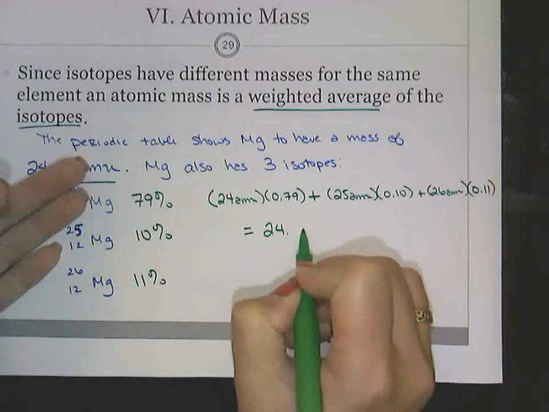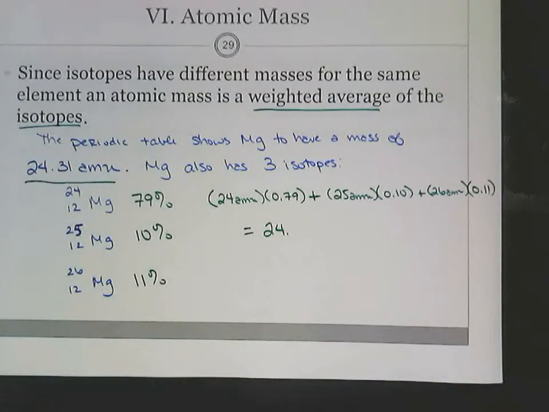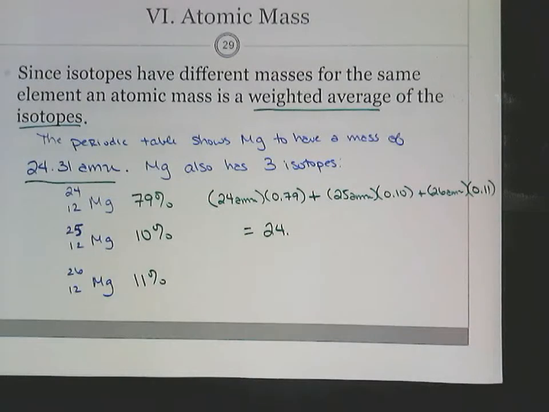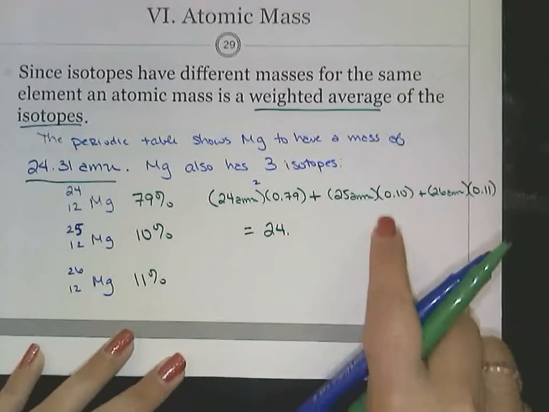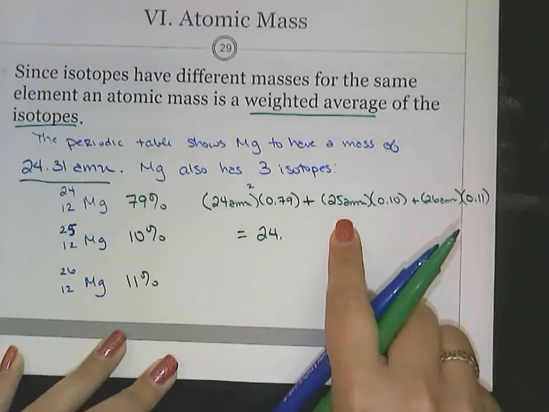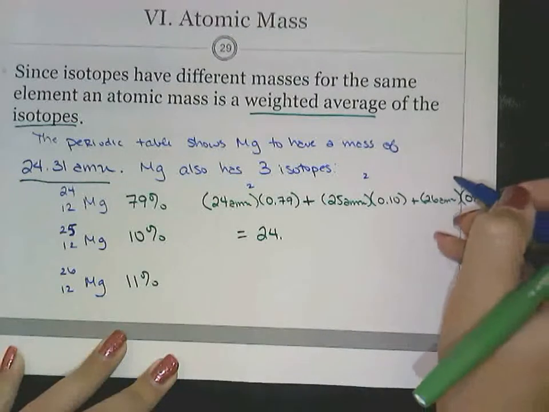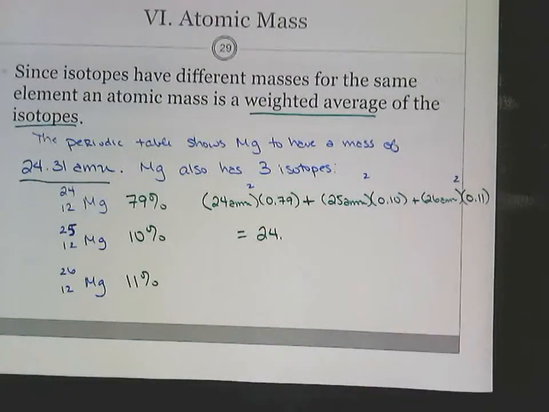How many significant figures do I get in this? Oh, how many significant figures, right, because it's going to be by parts, like in lab. So how many significant figures do I get in this section? 2. How many significant figures do I get in this section? Okay. What about this section? 2. But now I'm going to add them together. So what rule do I use now?